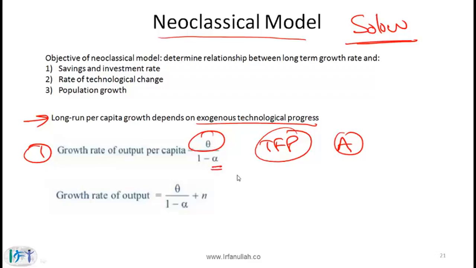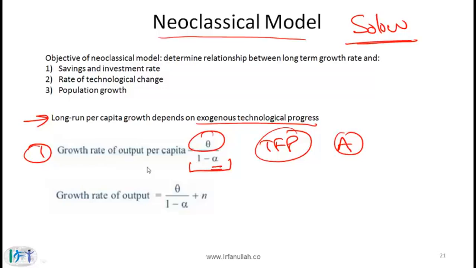Now, if you recall from earlier segments, alpha can have two interpretations. Alpha is the fraction of income that gets allocated to capital. That's one explanation. The other explanation of alpha is that it is the elasticity of output with respect to capital. Now what that means is that 1 minus alpha is the share of income that is allocated to labor, or it is the elasticity with respect to labor.